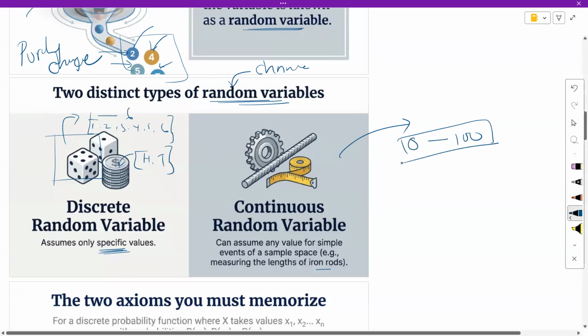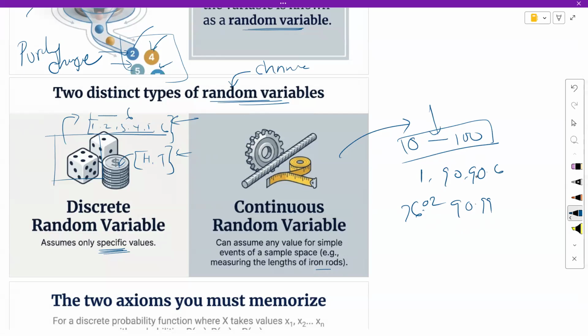You may get 1, or 90, or 90.6, or 90.99, or 76.02. Right? Here we can't define how many outcomes there are between these. When you look at the dice, we already have specific numbers, only 6 outcomes. Here, 2 outcomes, specific values. But here we couldn't define any specific value.